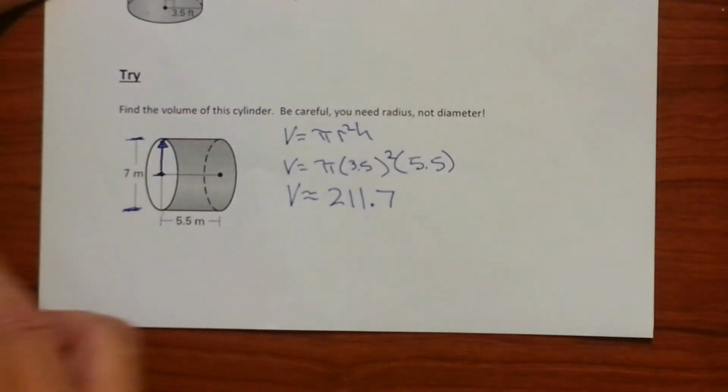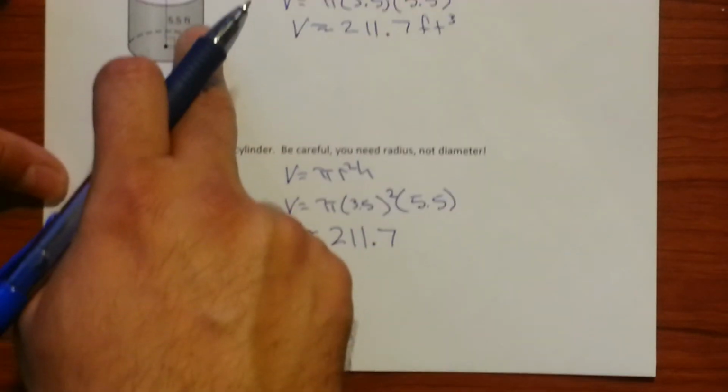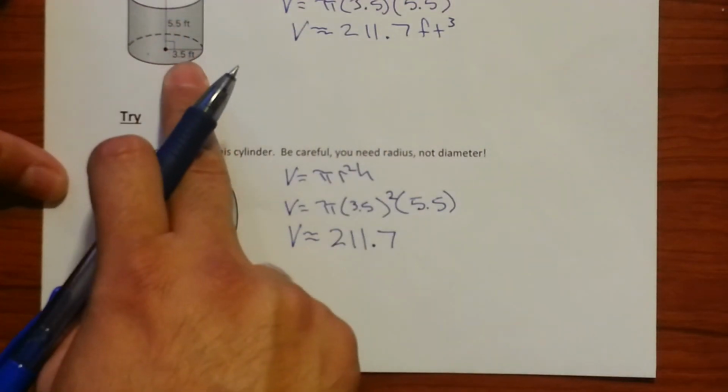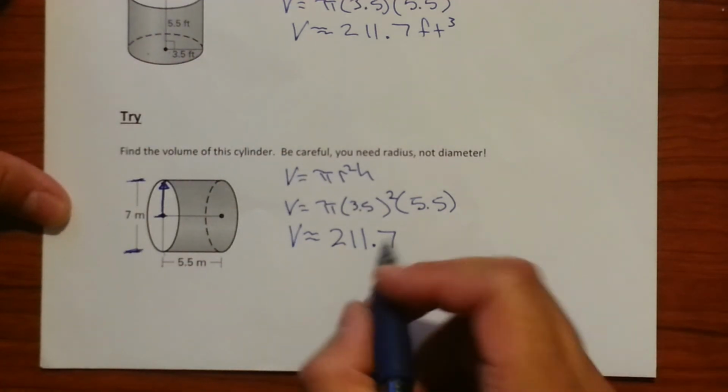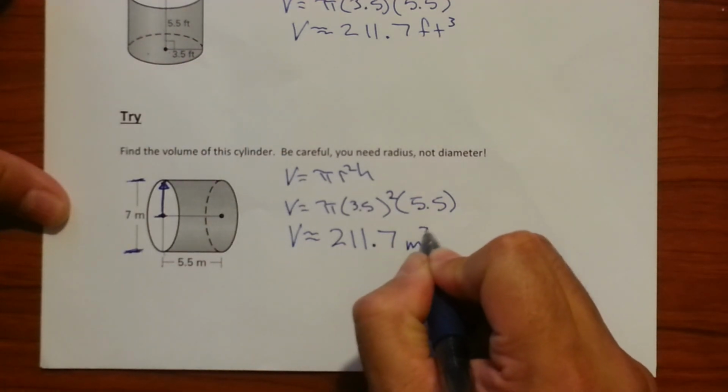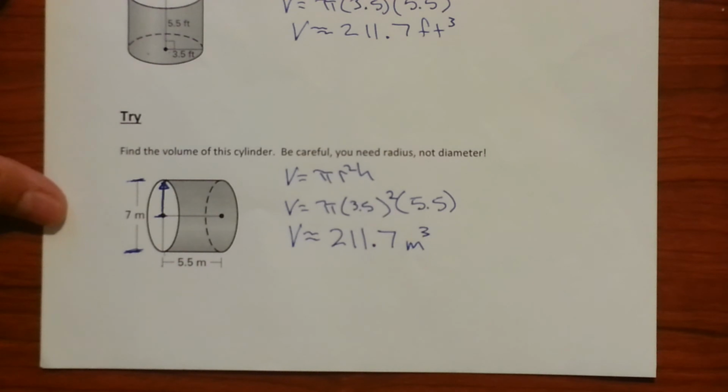The only thing different about this one than my previous one is that the one up above is in feet, and this one down here is in meters, so that's meters cubed. Alright, hopefully there are no questions over this. Fairly straightforward.